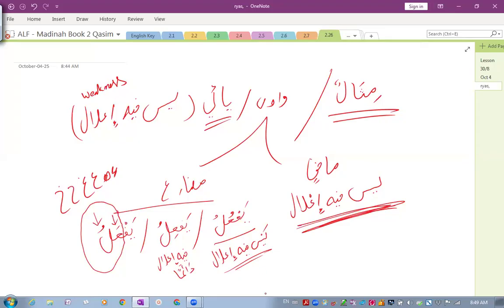Now, if you find Arabic difficult, you can say there is no weakness. Same thing. Jazakumullah khair. Yaf'ilu, there is always weakness. Fihi ilal daiman means the same thing.